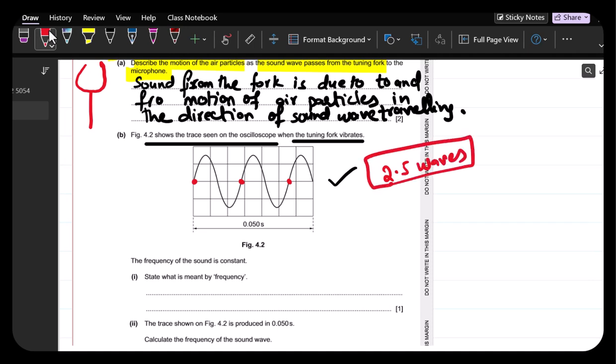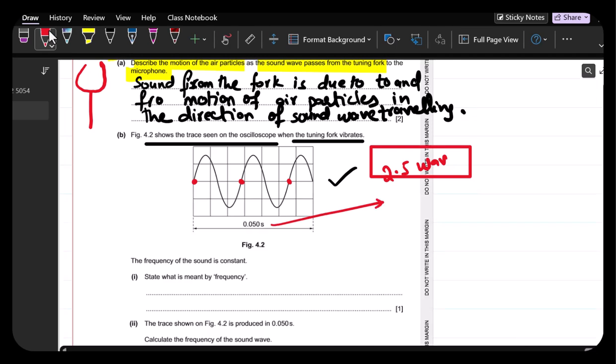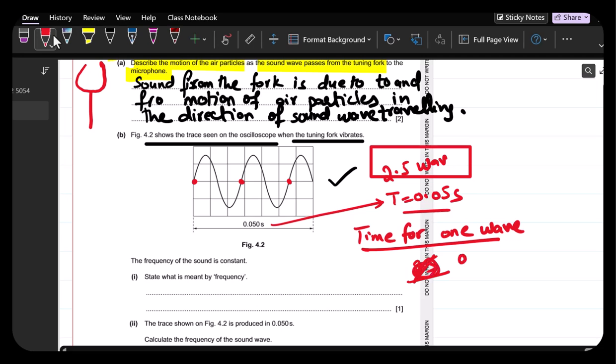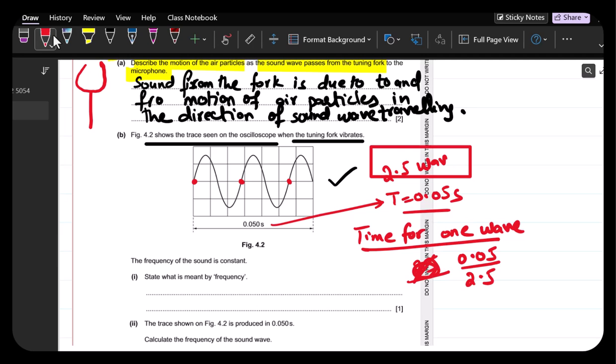In how much time? In 0.05 second. So if I want to find the time for one wave, we can find it by 0.05 divided by 2.5. So we will get the time for one wave, which will be 0.02.